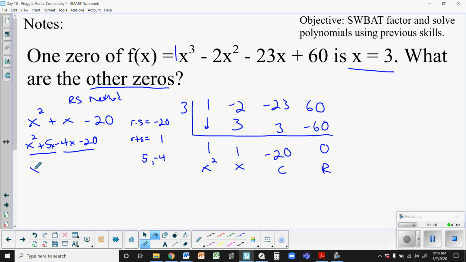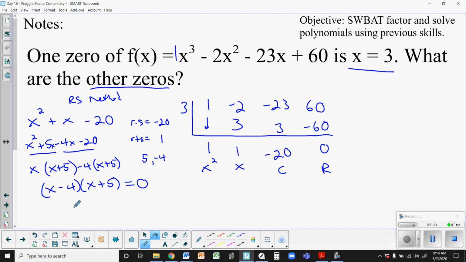We're going to factor. We can take out an x plus 5, negative 4, x plus 5. So we got x minus 4 and x plus 5. Now remember, we're trying to find the zeros, so after we factor that, we have to set that equal to 0.